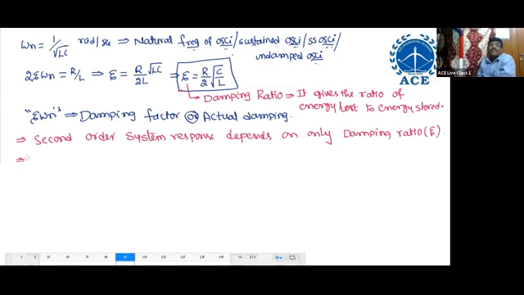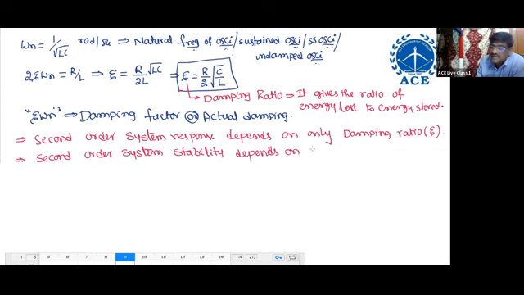Not only response, even stability of a second order system depends on zeta.